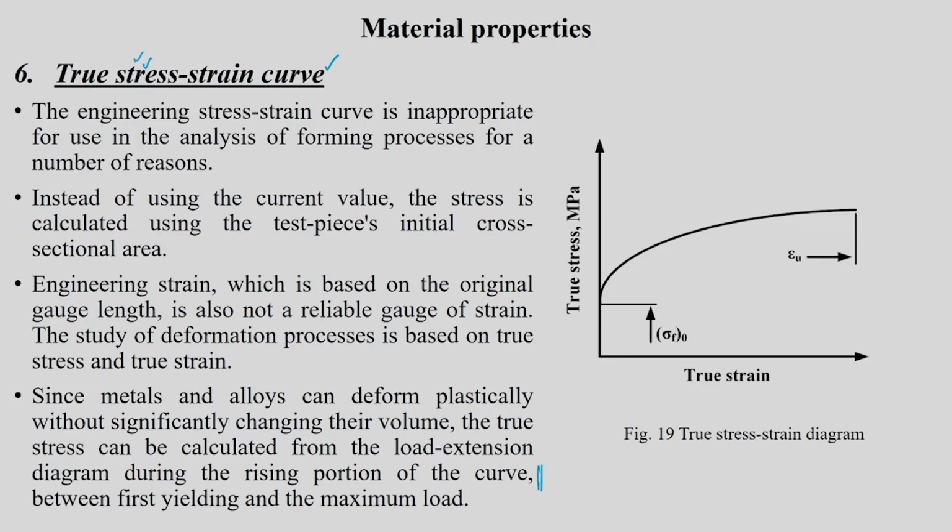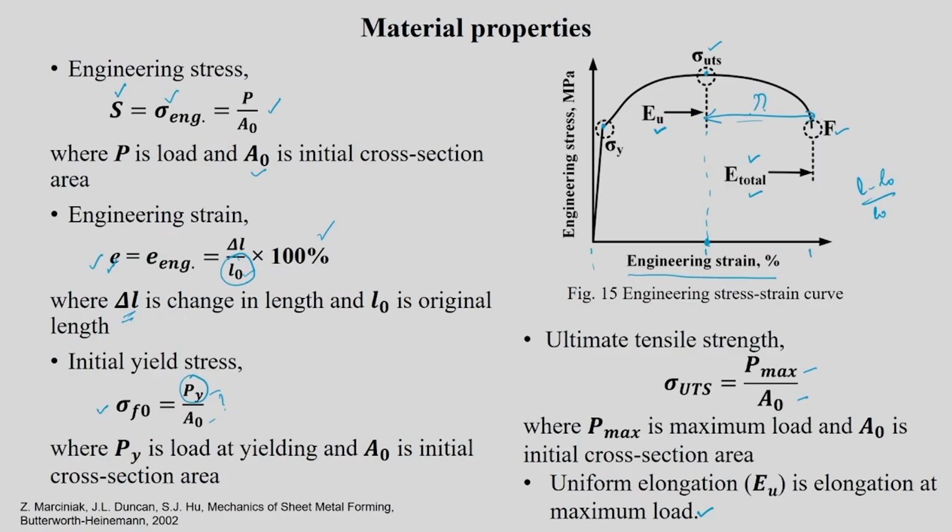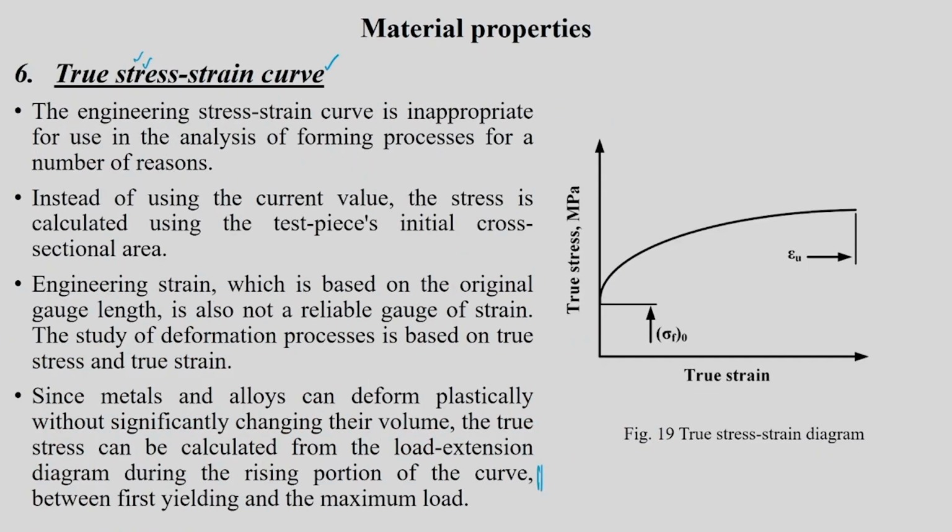So, what we do is we define true stress and true strain, and that can be obtained from the load displacement graph or the engineering stress strain graph, mainly in the plastically deforming region. You pick up this part of the region, and you can get a true stress strain curve, which is what is shown in this diagram.